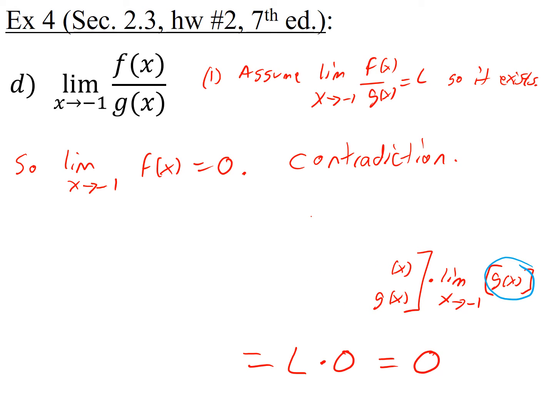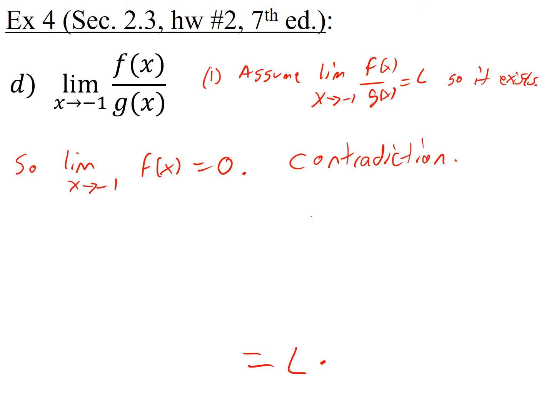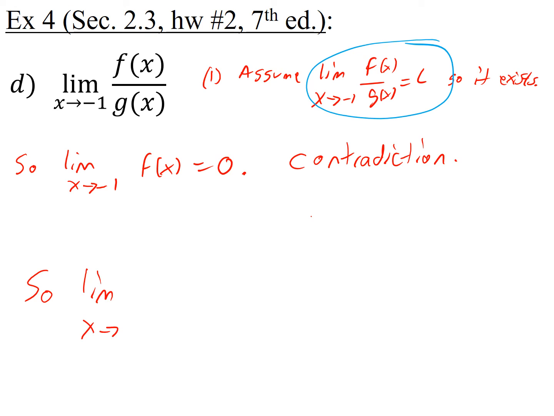We concluded that the limit of f must be 0. And that's definitely a contradiction because it's not. Therefore, our assumption must be wrong, our assumption that this limit existed must be wrong. So we now know that the limit as x goes to -1 of f of x over g of x does not exist.